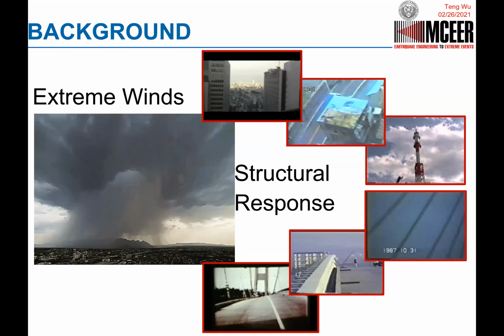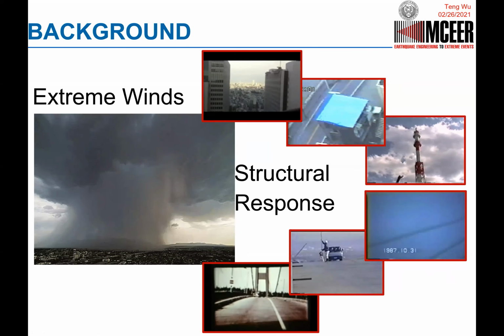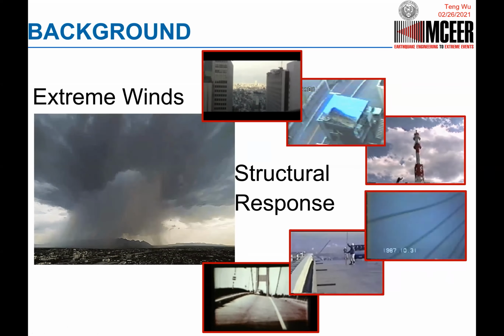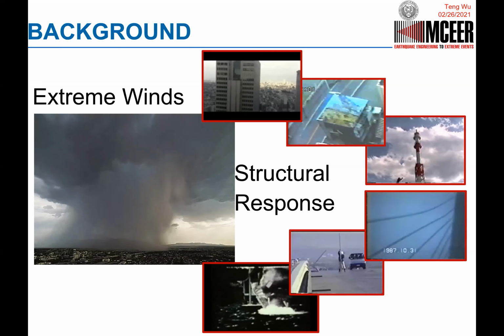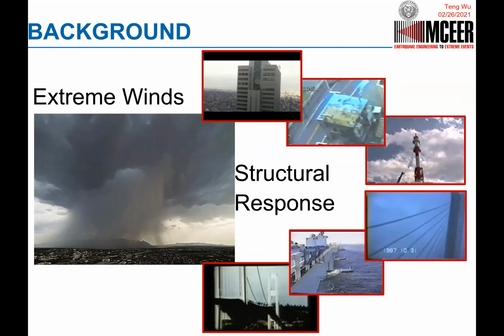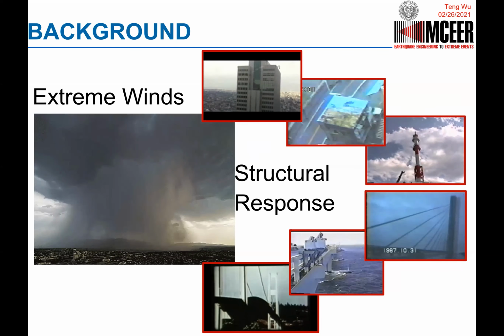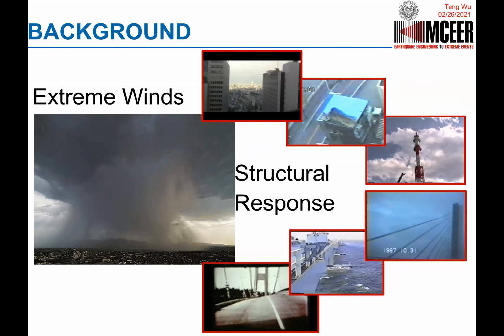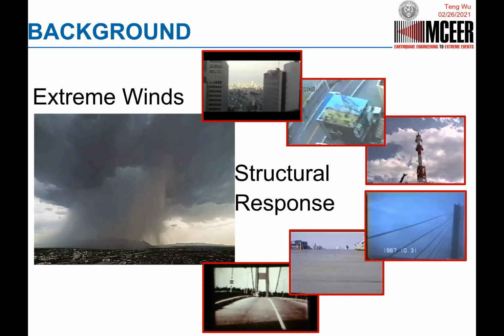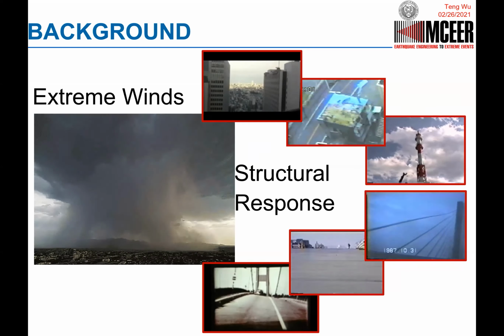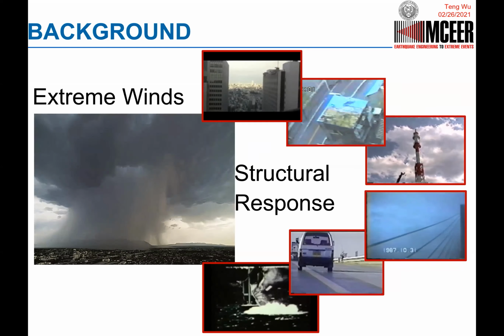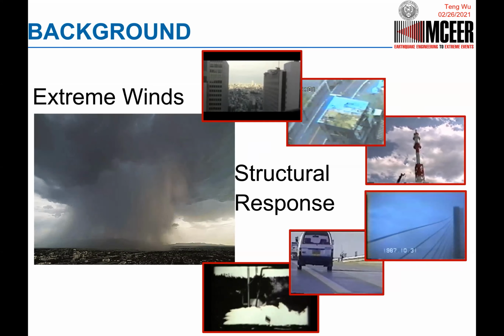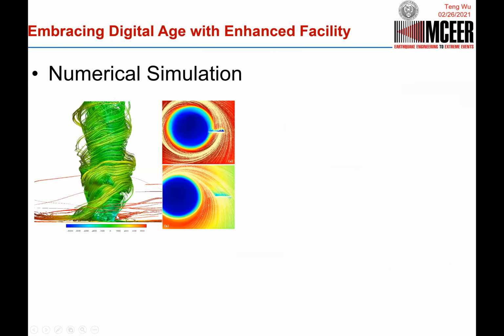To simulate all those phenomena in winds, the first approach is with the computer. Essentially, we can put everything in the computer. It's a similar concept to the digital twin, which is very popular nowadays in the manufacturing industry. For example, we simulated this tornado event, and we put the structure here.